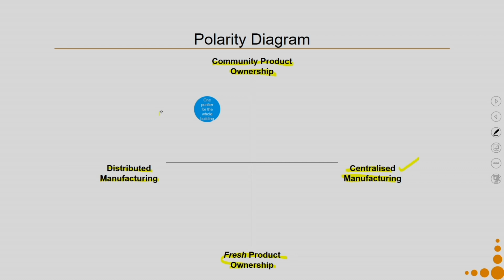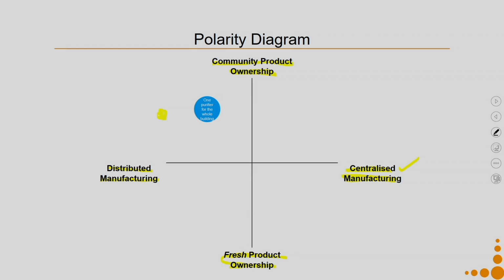I did not place it over here, because here it would have meant that it was completely distributed and not at all centralized. When I place it where it is right now, I am saying that at least some components will be centrally manufactured, and other components will be distributed.